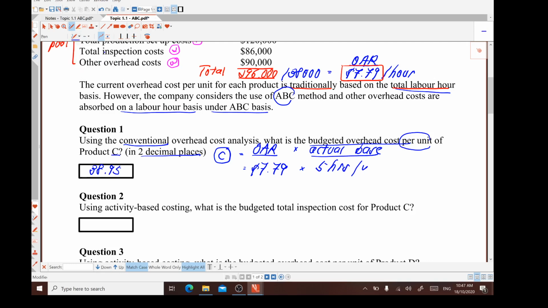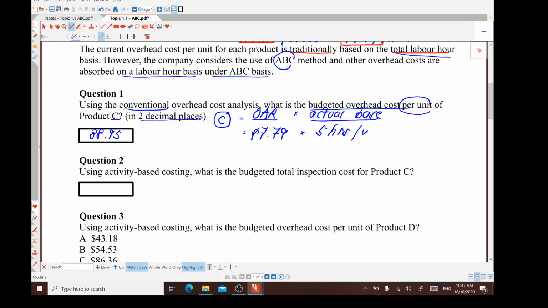Now, of course, moving on. Now, using ABC or activity-based costing, now what is the budgeted total inspection cost for product C this time? Again, C. Now, so some students may ask and say, hey, Steffi, do we need to come out with the CDR first and subsequently to multiply with the activities consumed?